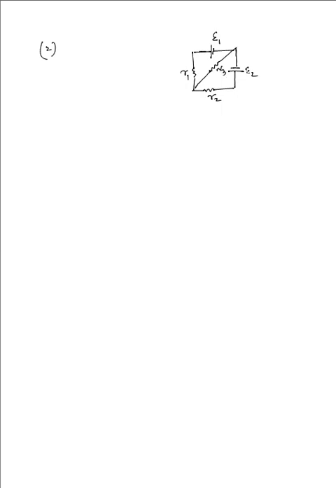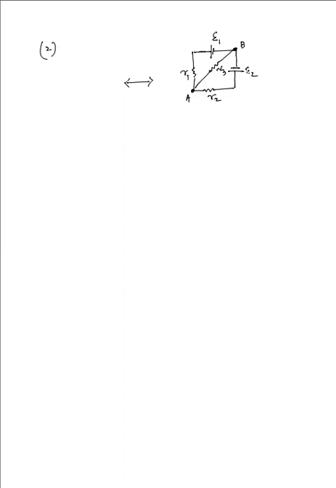In this sense, we wish to obtain the potential difference between these two points, A and B. If you observe the circuit, what we have is simply a parallel combination of cells between the points A and B with an extra resistance R3 from the previous case.